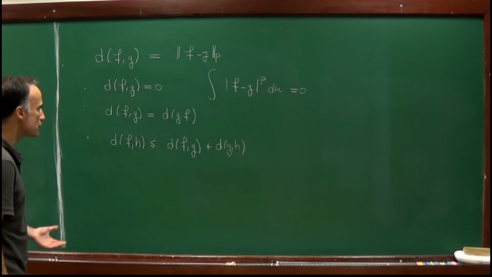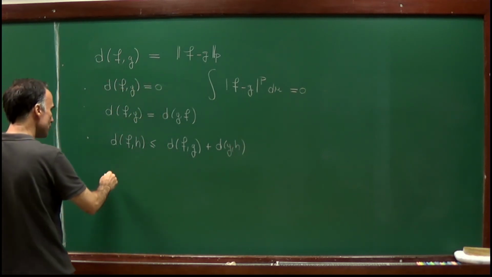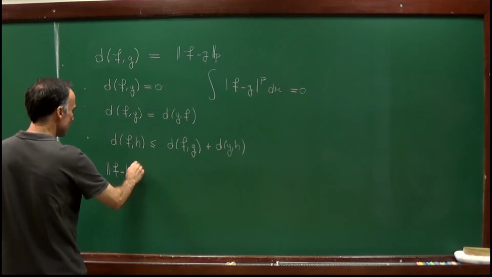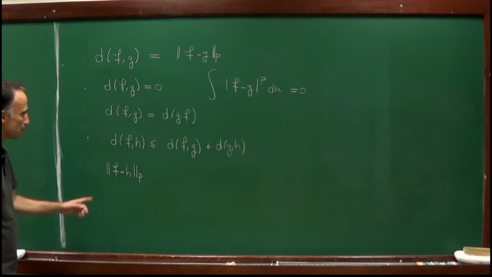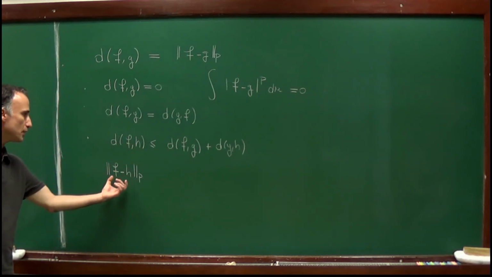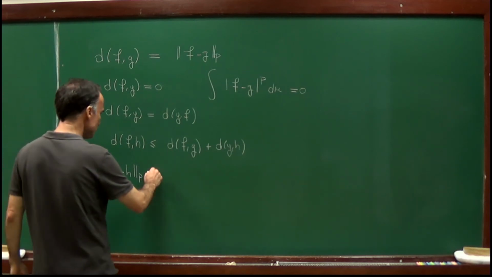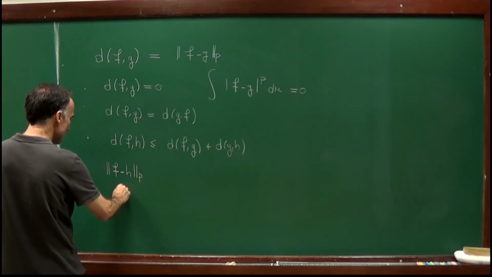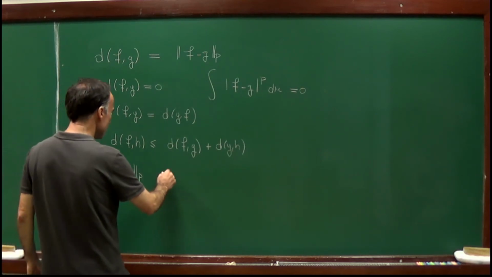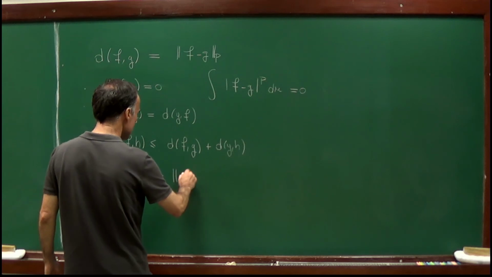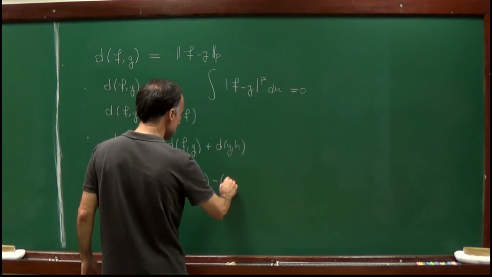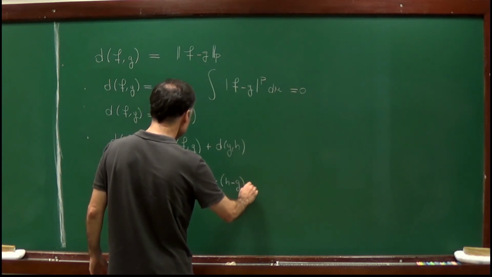And why is this true? Well, this is a consequence of Minkowski inequality, which we proved in the last lecture. So let's take the distance between f and h. This is the norm p of f minus h. I can add and subtract the function g, and so we write this as the norm p of (f minus g) minus (h minus g).